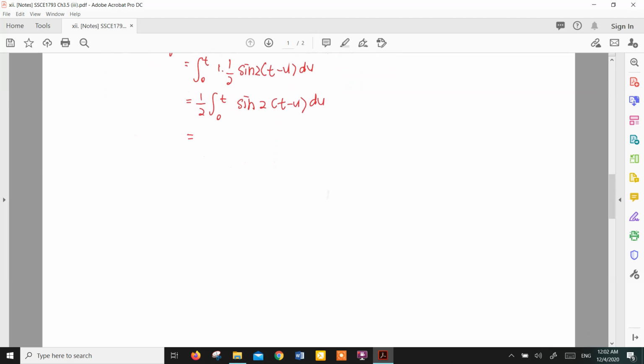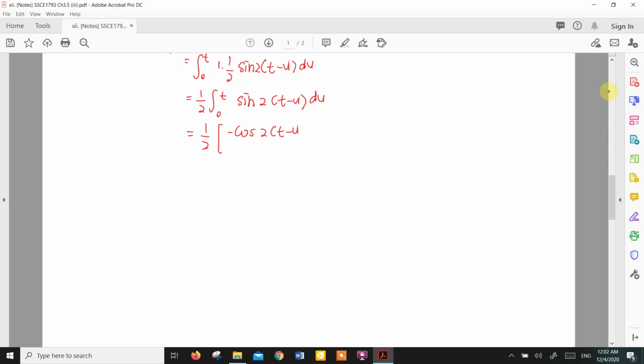Then you integrate sine, you will get negative cos, right? So 1 over 2, you get negative cos of 2(t-u), and then over, you integrate with respect to u, so you have negative 2 now, so it will be negative 2, from 0 to t.